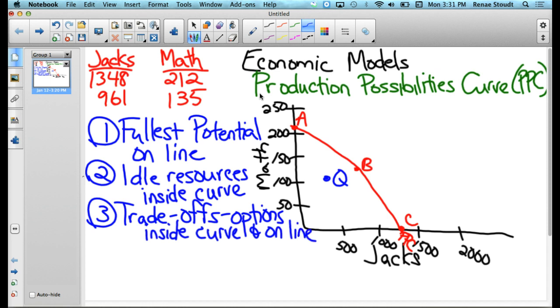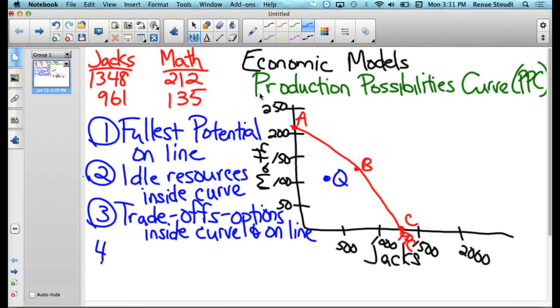So anything inside the curve or on the line is all possible options. This would be, for example, Q, A, B, C. Those are all possible combinations of jumping jacks and math facts that I could produce.